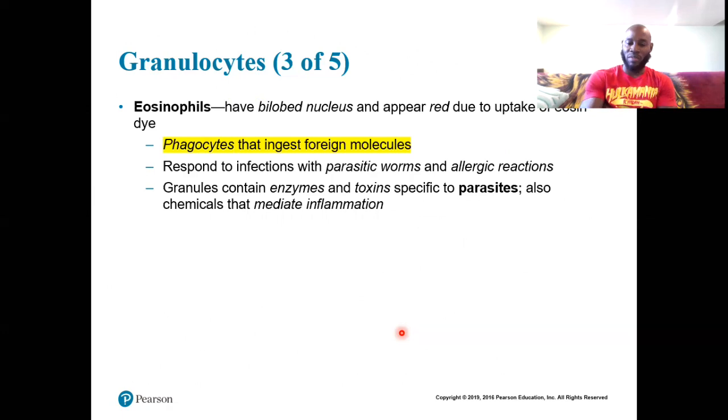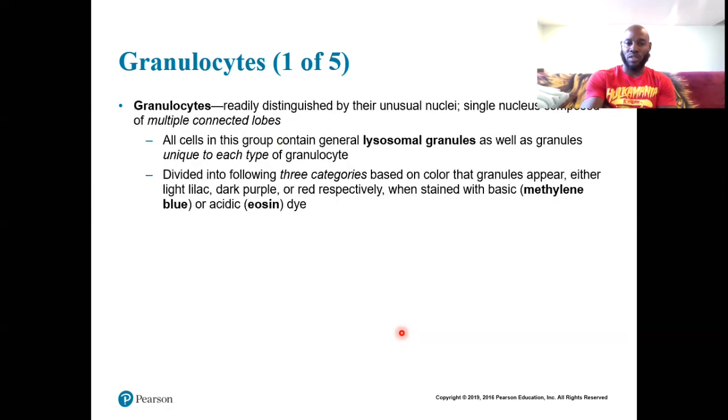Remember that lysosome term? Remember granulocytes, all cells in this group contain general lysosomal granules. Remember lysosomes from when you studied that in chapter 4, I believe, and Bio 109, when you talked about the cells and the different organelles of the cell. Lysosomes can destroy certain objects in the cell.